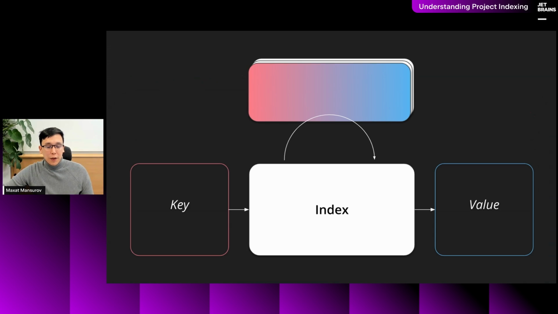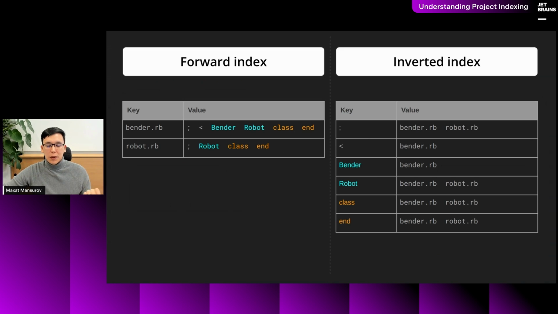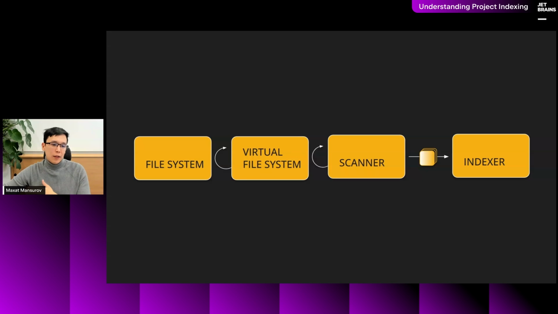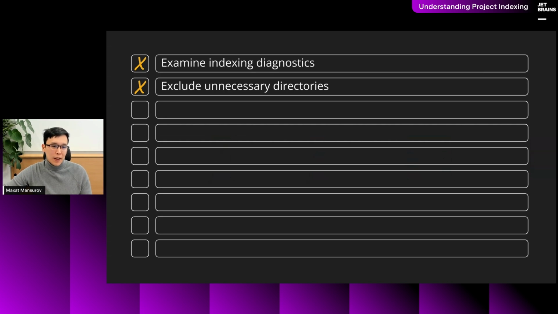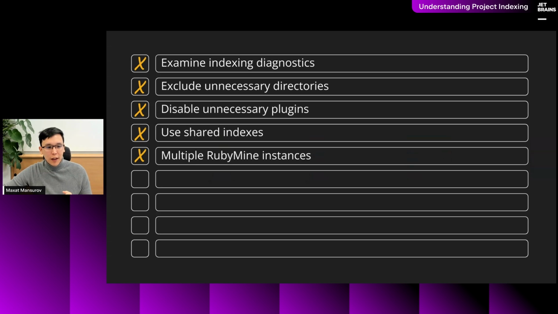So let's quickly recap. We saw what an index is. We saw different types of indexing that we use in RubyMine when we index your project. The whole indexing pipeline, which involves everything starting from your file system, virtual file system, scanners, and indexers, and some useful tips like examining indexing diagnostics, excluding unnecessary directories, disabling plugins that you do not use, trying to use the shared indexes in your project.